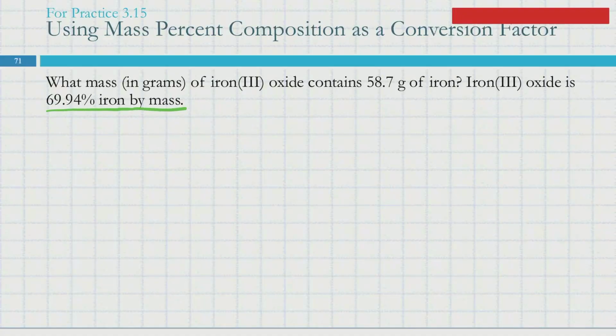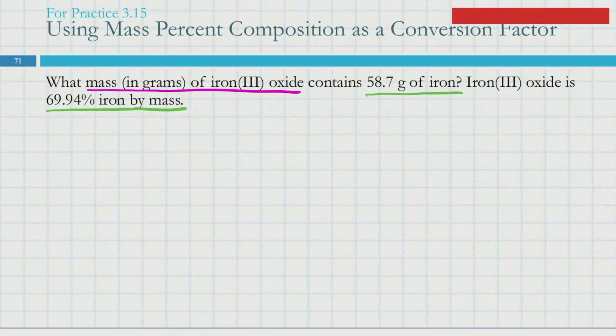We're given the percent mass. We're also given the grams of iron. What are we finding? The mass of iron 3 oxide in grams.